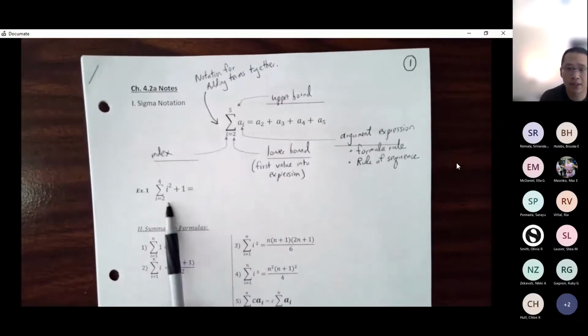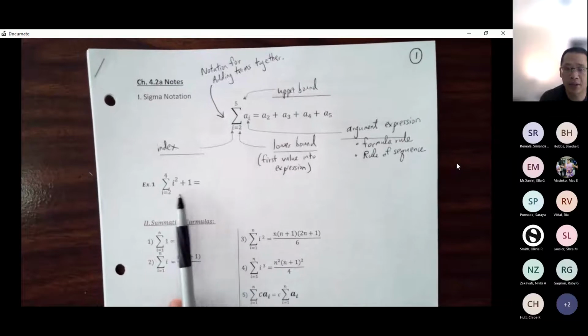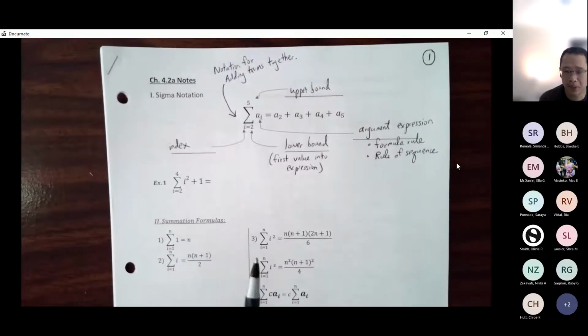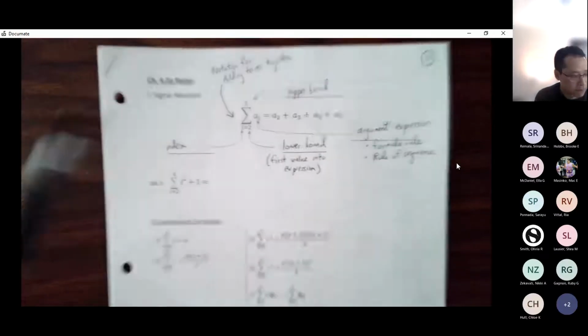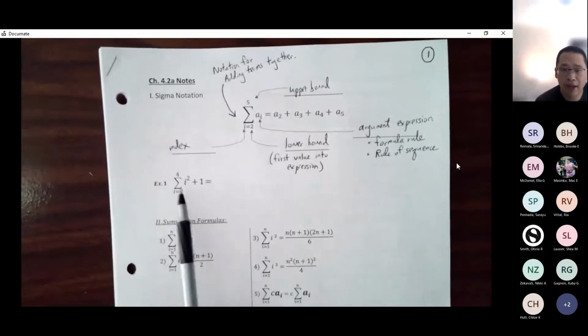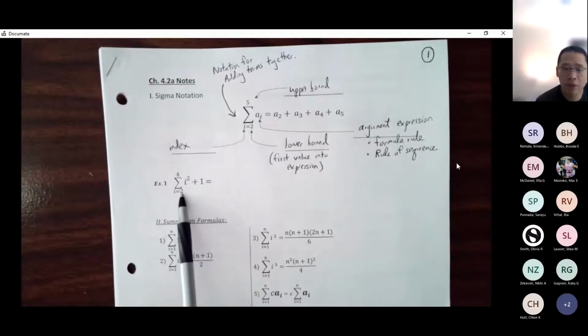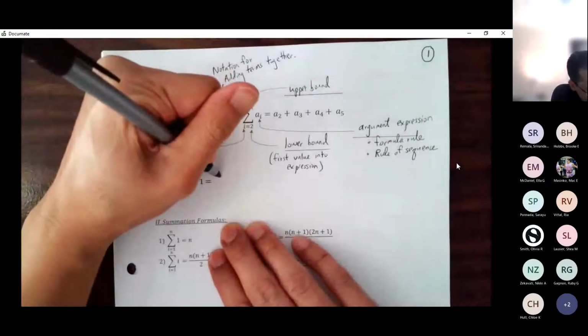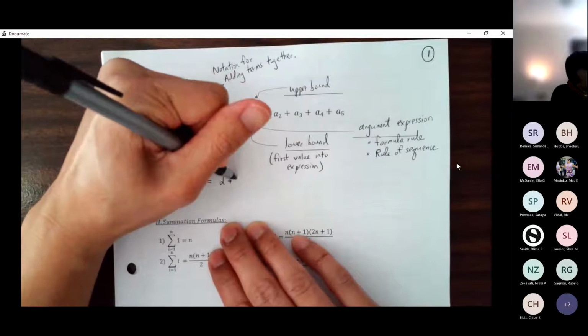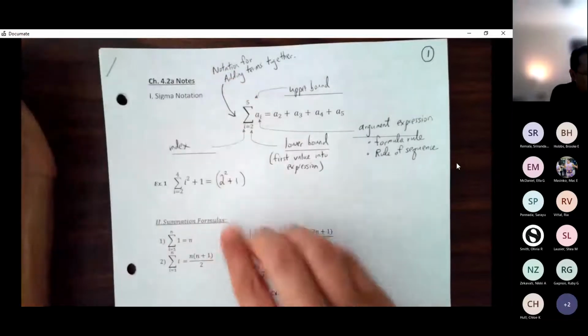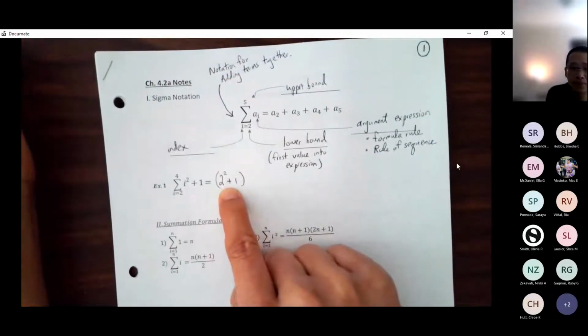Let's see if we can practice adding terms together. For example, 1. We can see that our lower bound is 2, our upper bound is 4. We're adding a bunch of terms into this expression i squared plus 1. So start with the lower bound, plug 2 in for i. That represents the first term.